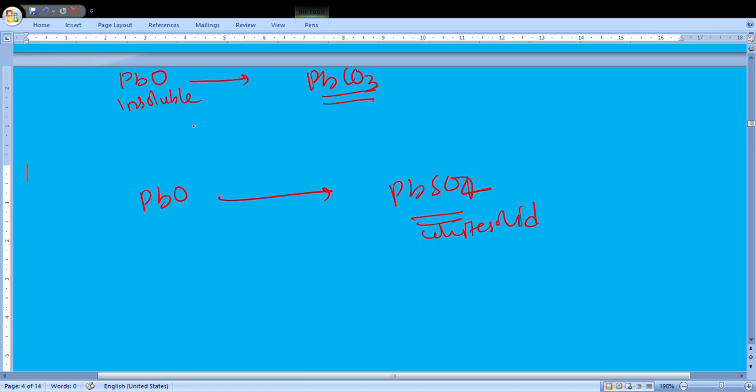So if we need to prepare this, the PbO is first treated with dilute HNO3 only, not with any other compound, because nitrates of lead are soluble in water. So now it becomes a colorless solution. Pale yellow to yellowish solid to colorless solution.